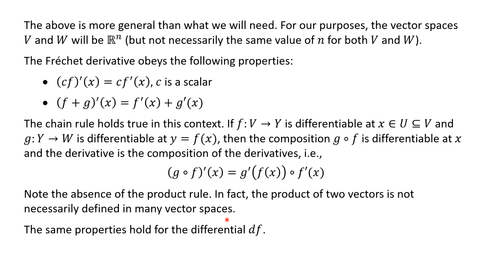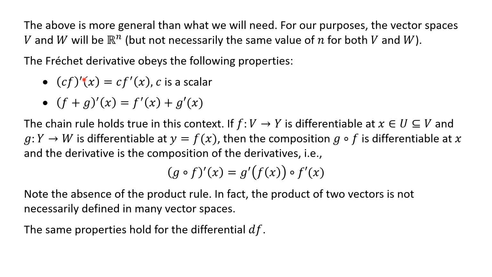You may notice there's no product rule here, unlike what we have for single variable calculus. The reason for that is, in general, vector spaces don't have a product defined between vectors, so we don't have that. We also don't have the quotient rule for similar reasons.